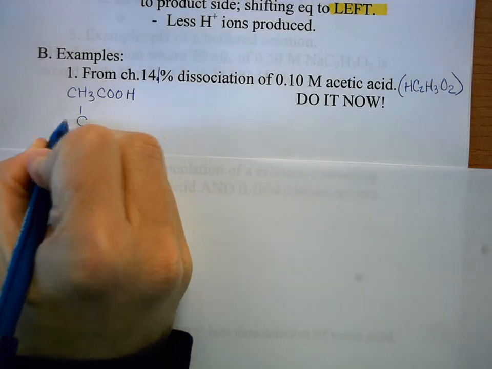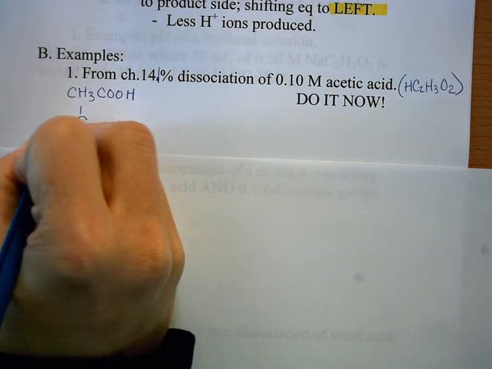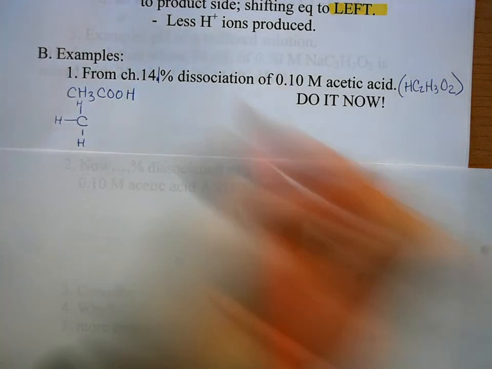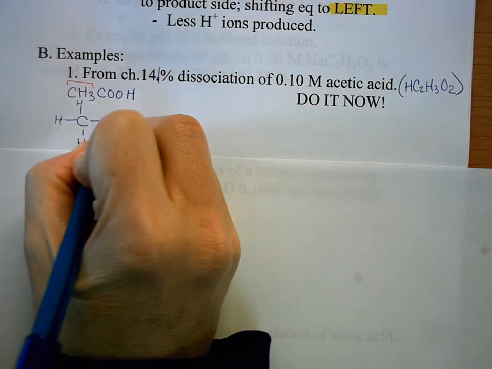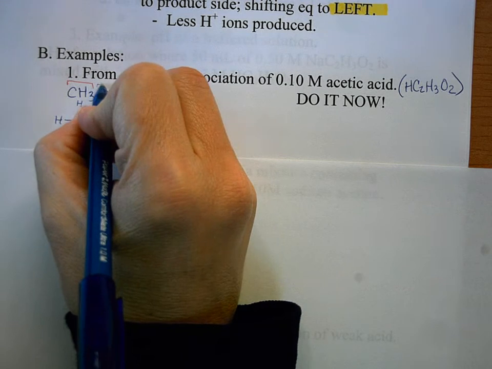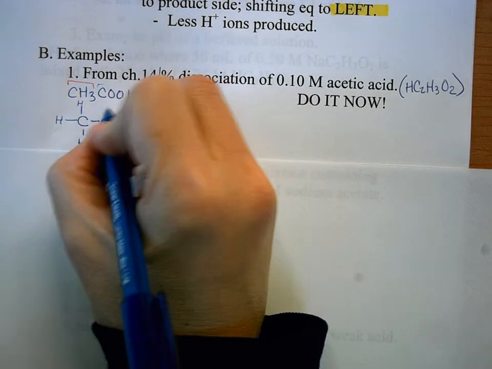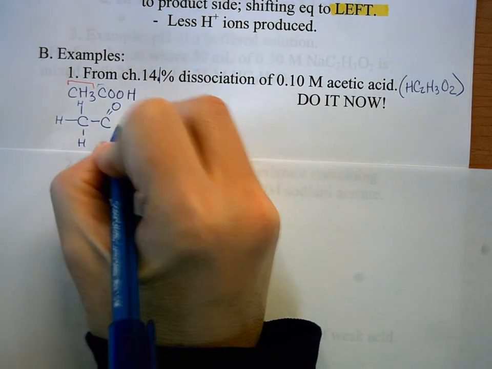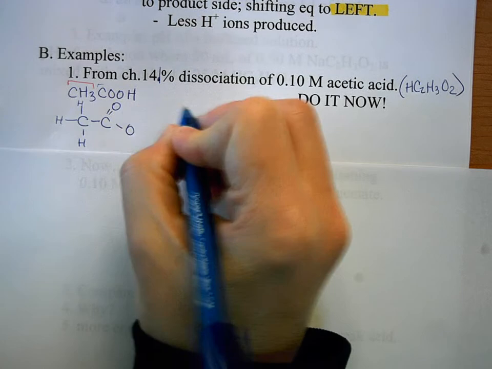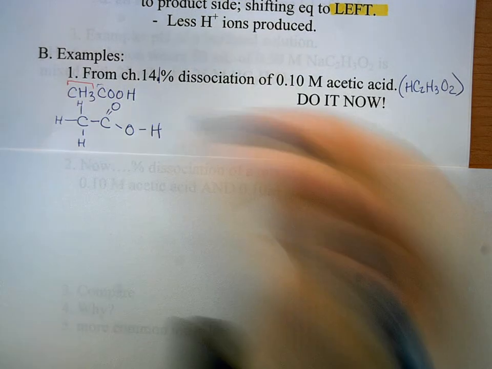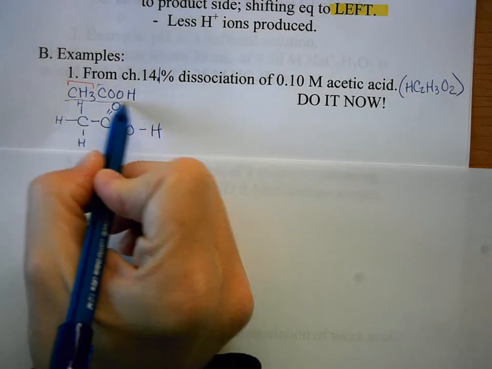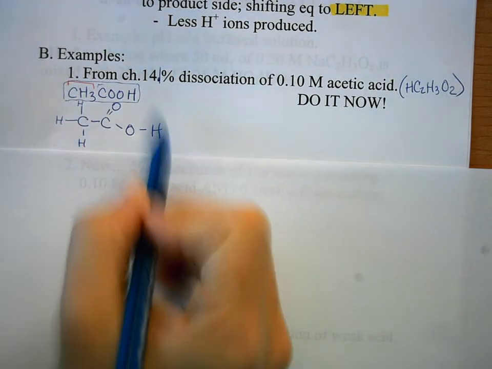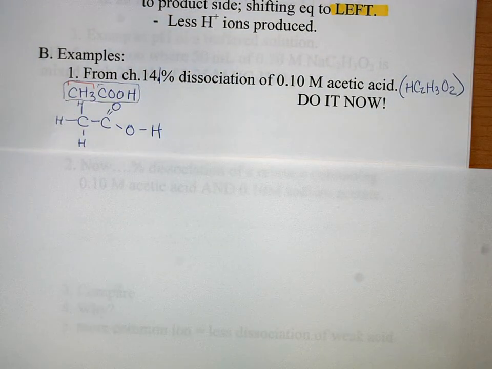You've got a carbon with 3 hydrogens, so that's that part right there. And then that's bonded to another carbon, that's this part. That carbon is actually bonded to 2 oxygens, so I've got a double bond on an oxygen here, a single bond on an oxygen, which is then bonded to another hydrogen. So writing it out separately like this tells you something about the structure of acetic acid. Just kind of a side note, something you should know.